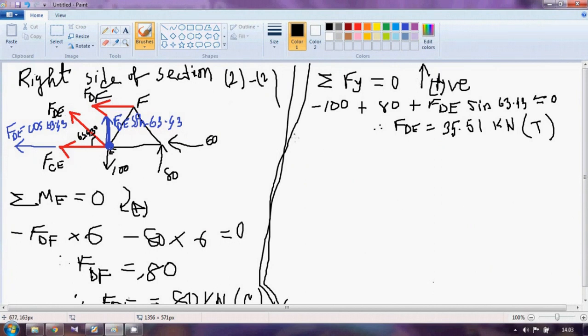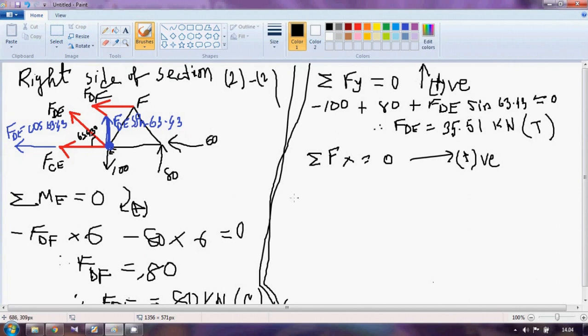Now the final force you have to determine, summation Fx equal to 0. Taking positive, which forces will come from this free body diagram?